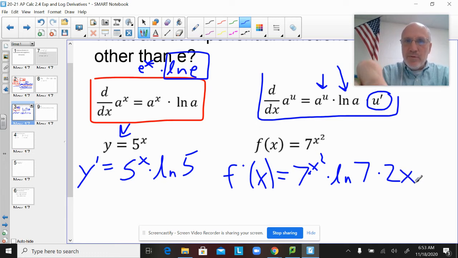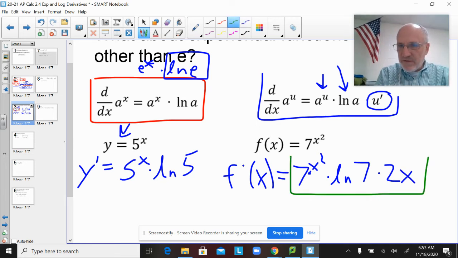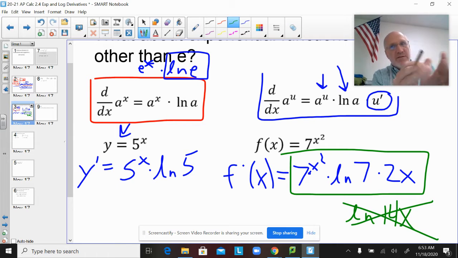And you can absolutely be done here. That's perfect. Do not write the natural log of 14x. That is tempting but wrong. It's the natural log of 7 times 2x. So we're just going to leave it like that. The derivatives don't clean up very much. But the derivative of a to the u is a to the u times the natural log of a times u prime. All right, next.